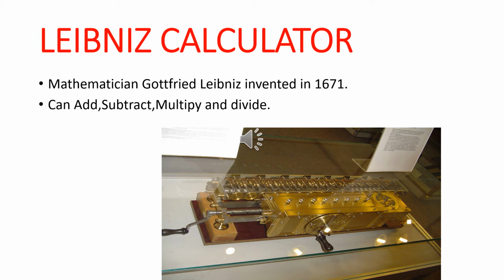The second type of electromechanical counting device is the Leibniz calculator. Mathematician Gottfried Leibniz built a calculator in 1671 that could add, subtract, multiply and divide numbers. It could also find square roots.